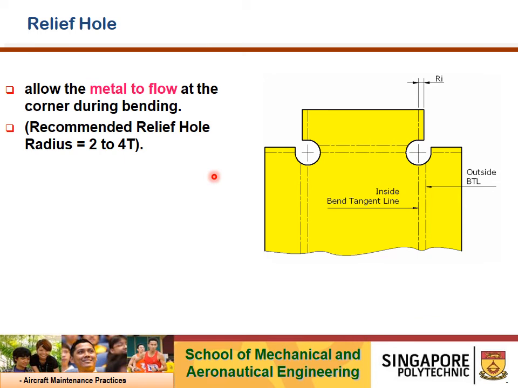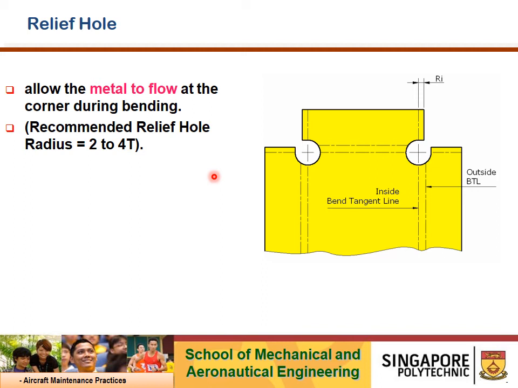All right, relief hole. We use a relief hole to allow the metal to flow at the corner during bending. If not, it will crumple up. So what is the diameter of the relief hole? The recommended relief hole radius is 2 to 4 times the thickness. Take note, this gives the radius.